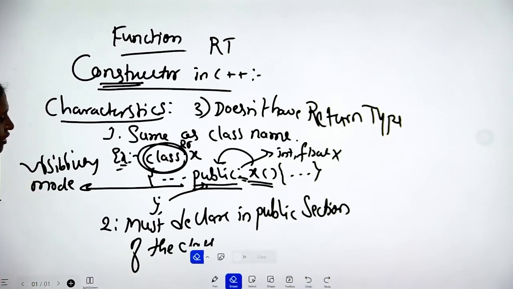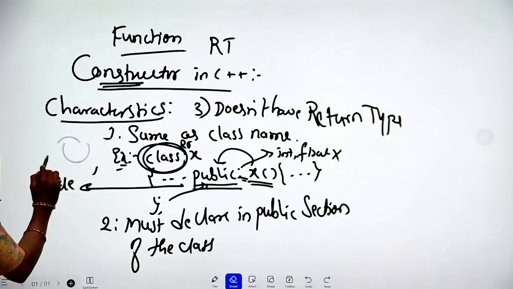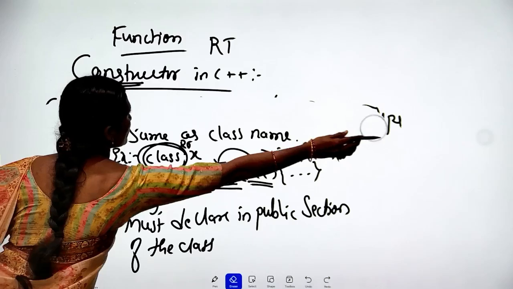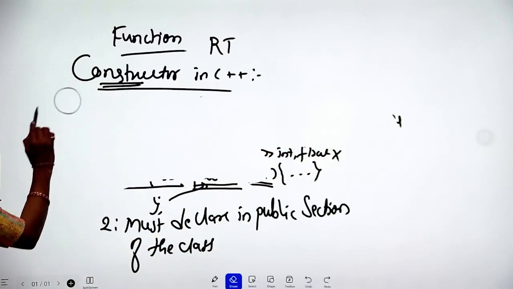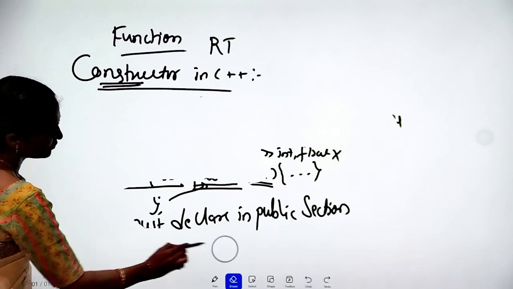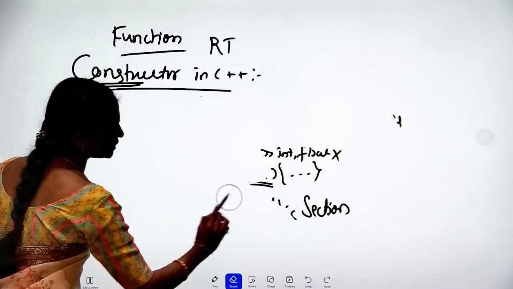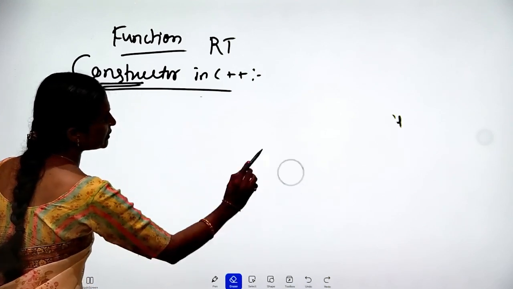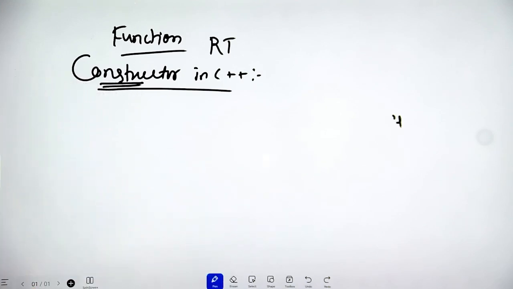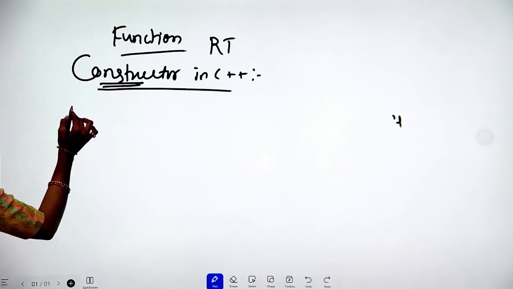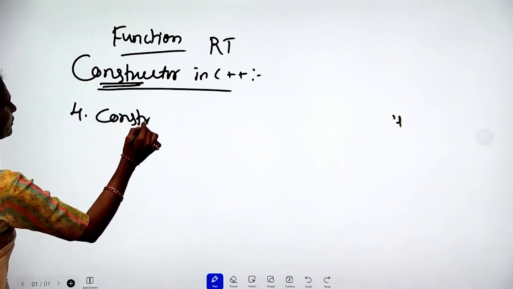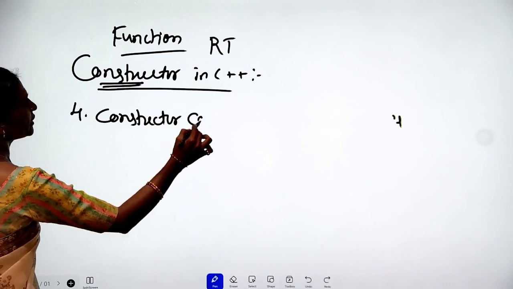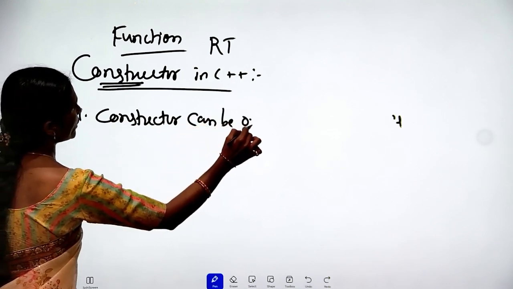So let's go with the other characteristics. I hope you are clear with the first characteristics: we have the class name, it must be declared in the public section of the class, and the constructor doesn't have a return type. Constructors can be overloaded.